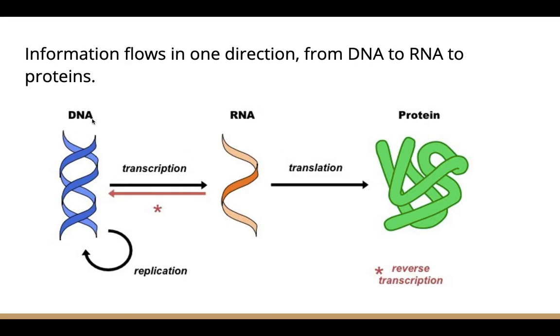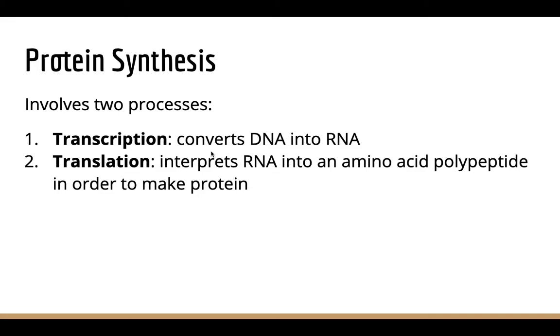It is not in the correct language, let's put it that way. First, the information of how to make this protein has to be translated into a language that's going to be understood by the structures that are going to help us make the protein later on. And this form is known as RNA. It's very similar to DNA, and we'll talk about the similarities and differences next.